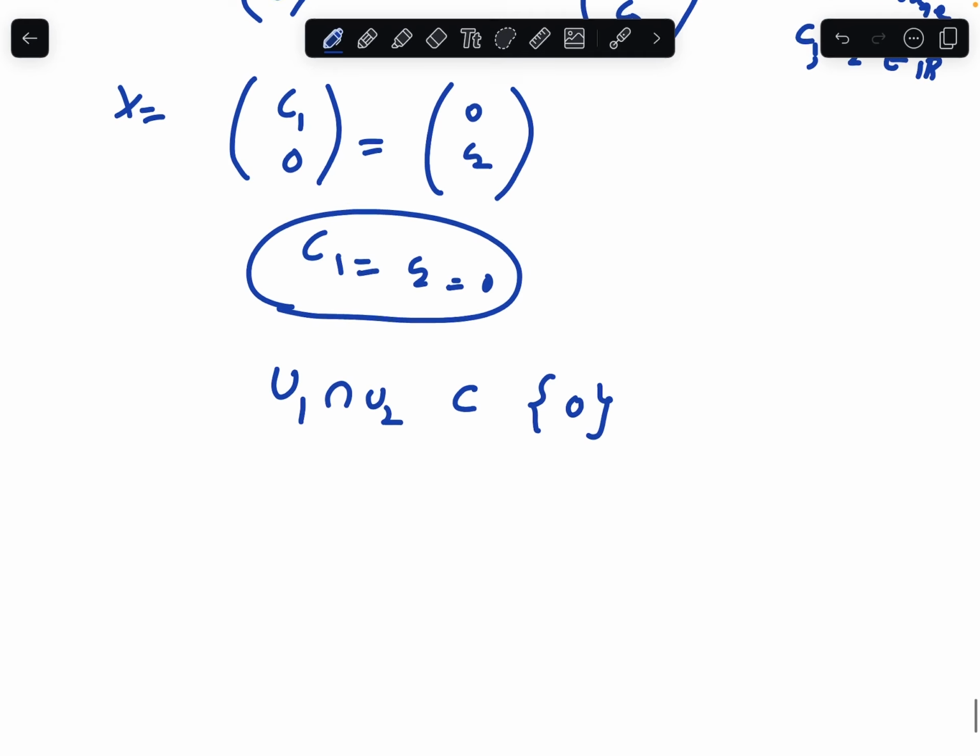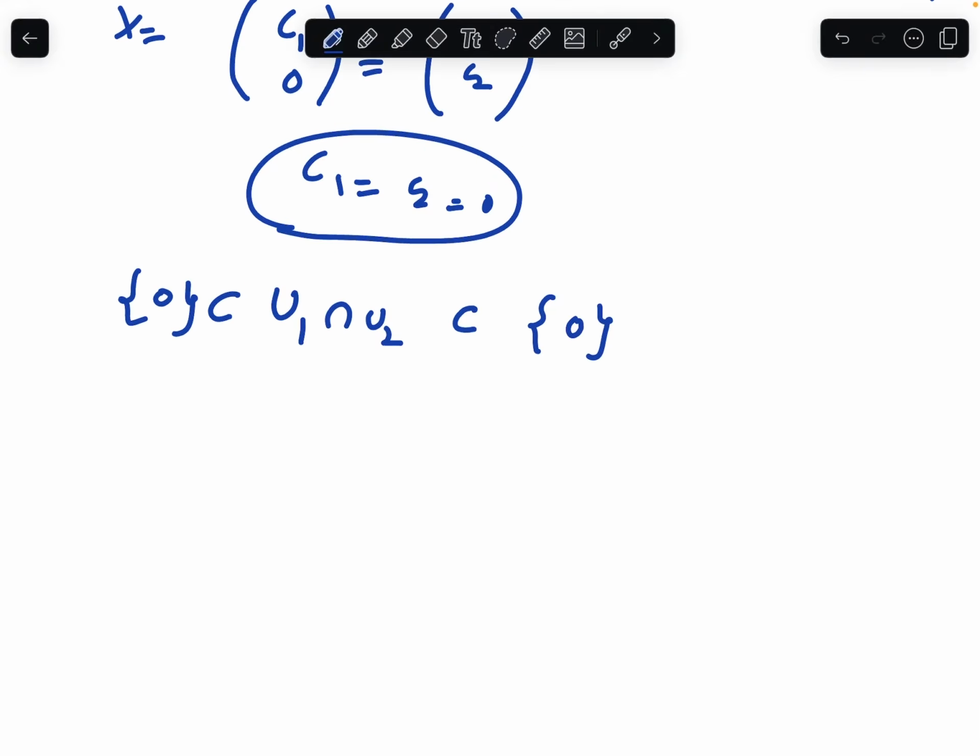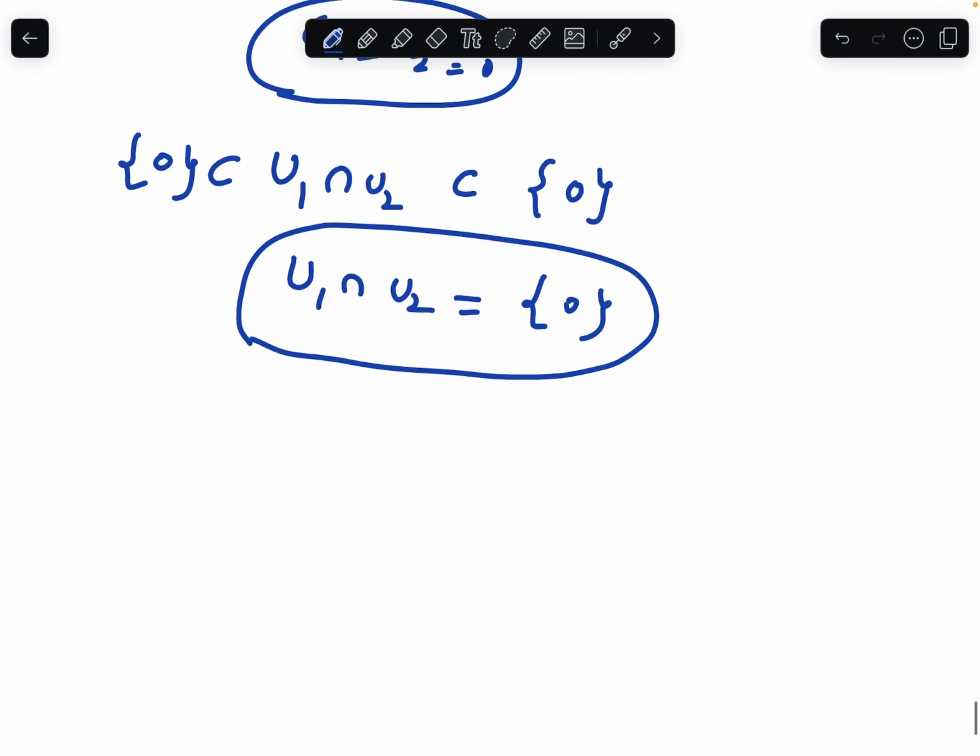But U1 intersection U2 contains 0 because it is a vector space and every vector space contains 0. That is, we have this situation. But what does this mean? This means that U1 intersection U2 is itself {0}. So in this case, U1 intersection U2 is the 0 space.